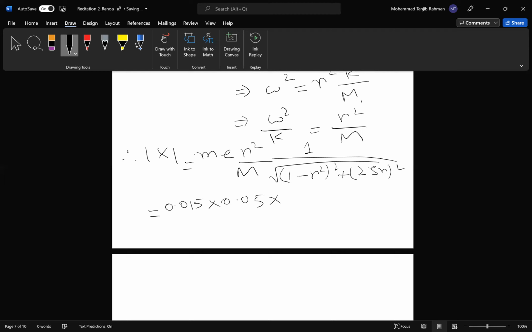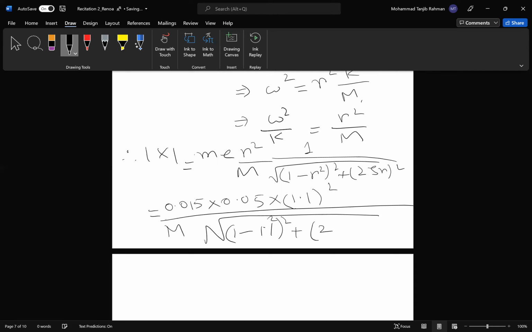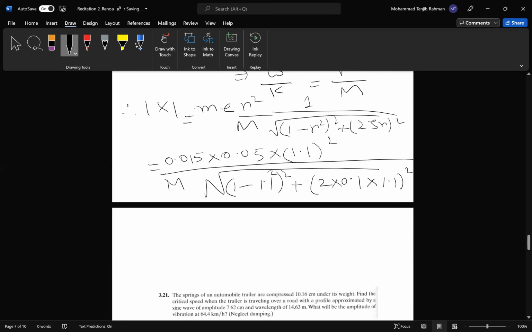R square is 1.1 whole square. The value of M is not given, so I'll just keep it as M. And in the denominator it will be 1 minus 1.1 whole square, whole square, plus 2 times zeta, 0.1, times 1.1 whole square.